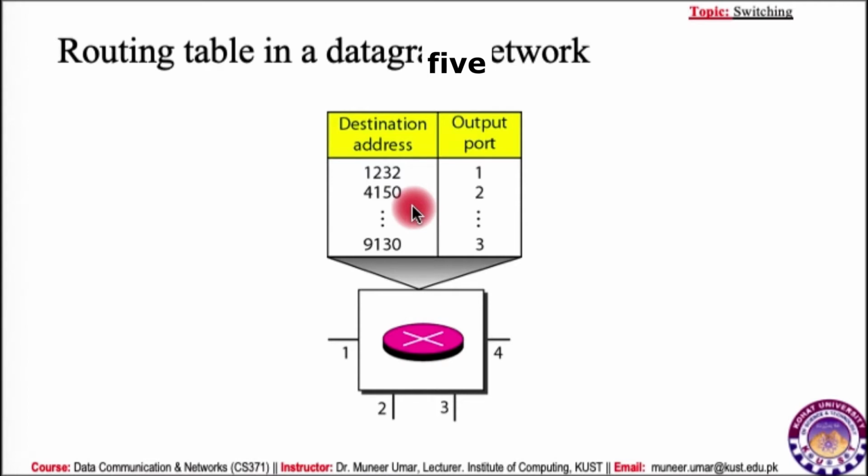The destination addresses and the corresponding forwarding output ports are recorded in the tables. This is different from the table of a circuit switching network, in which each entry is created when the setup phase is completed and deleted when the teardown phase is over.